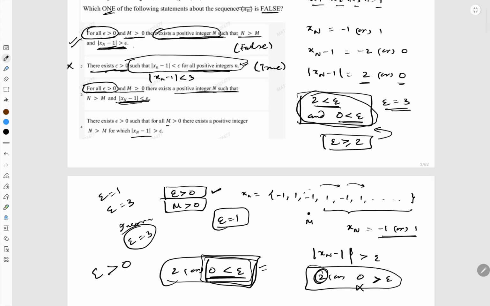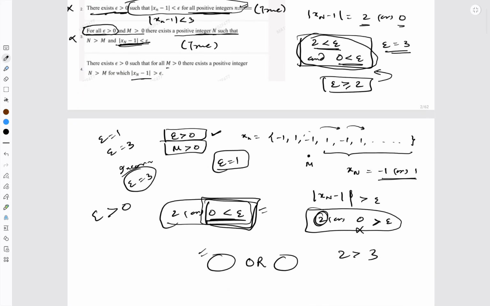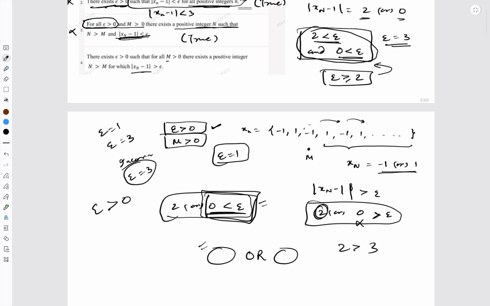So this cannot be the answer, but you can skip this question because we have already arrived at the answer. But if you want to see each and every option, that is why we are discussing till now. You can ask doubts in the comment section if you have any.